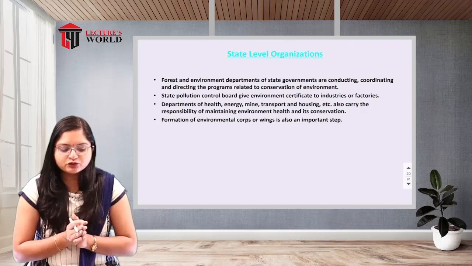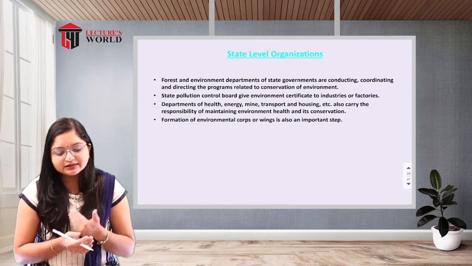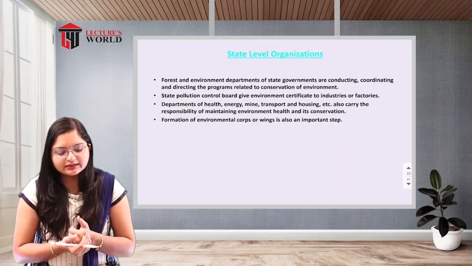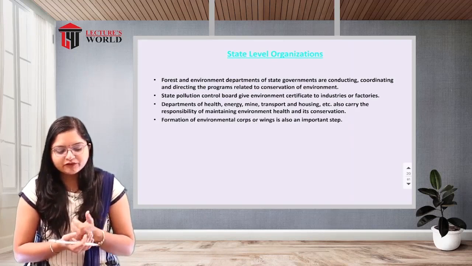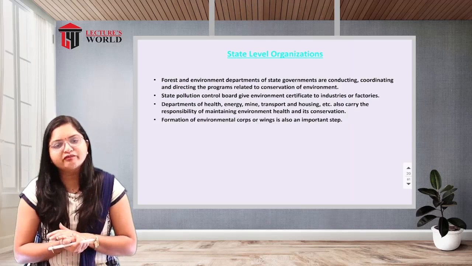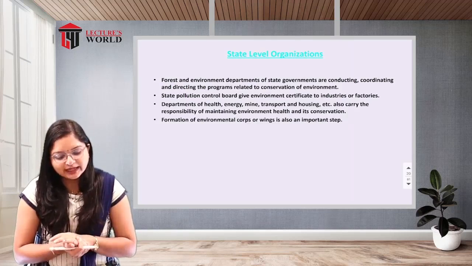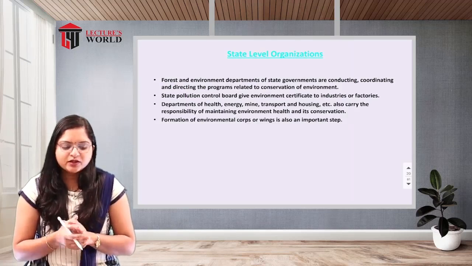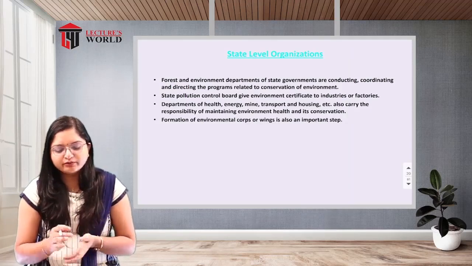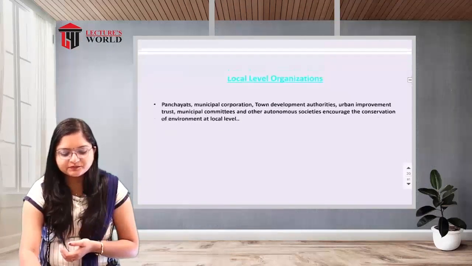State Pollution Control Boards give environmental certificates to industries or factories. Departments of Health, Energy, Mines, Transport and Housing, etc. also carry the responsibility of maintaining environmental health and its conservation. The formation of environmental corps or rings is also an important step.